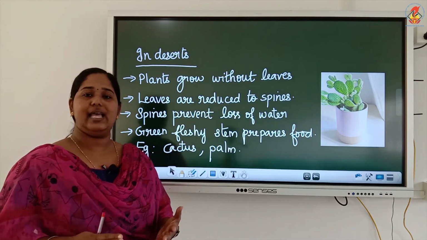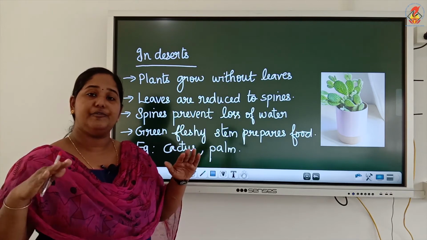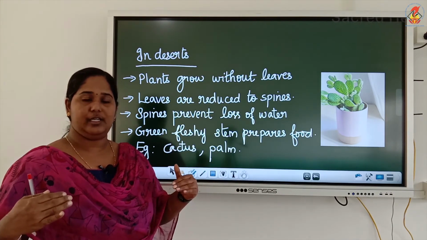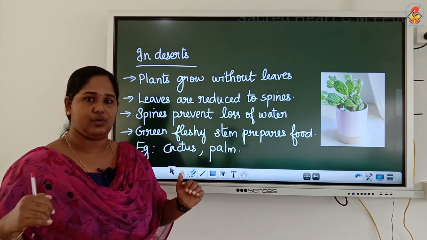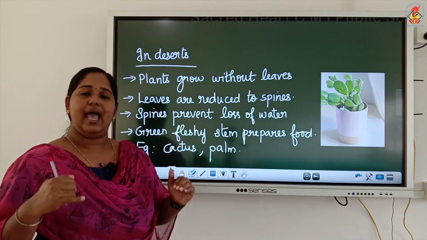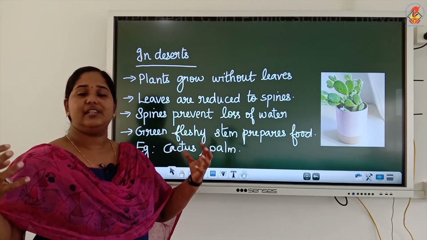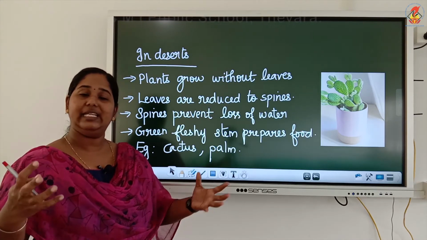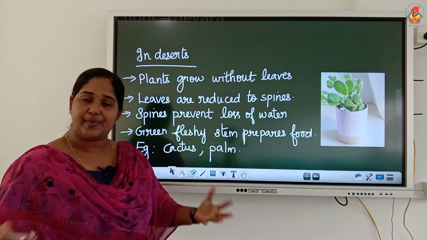And one more thing is that the roots of a cactus spread out far away, just below the soil. They do not go too deep; they just spread far out below the soil. Because there is scarcity of water, only when the roots are spread out widely will the plant get water. Wherever some water falls on the desert land, it can absorb the water easily from there, only if the roots are spread out.